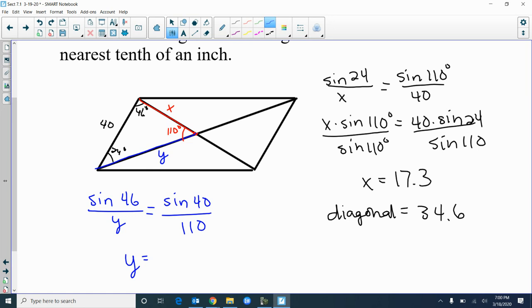And I get 30.6. So now the diagonal will be 61.2 to the nearest tenth of an inch. So inches and inches, we should be good there.